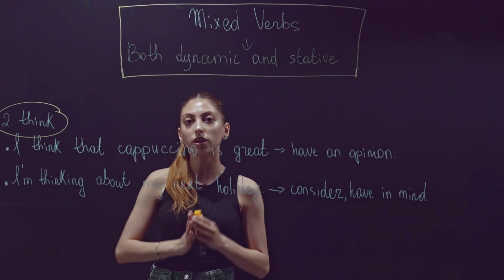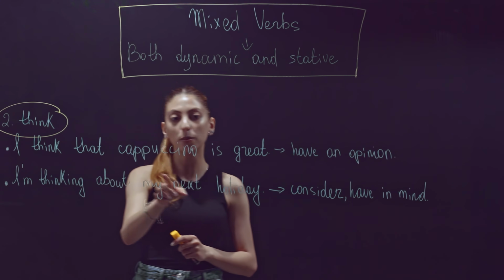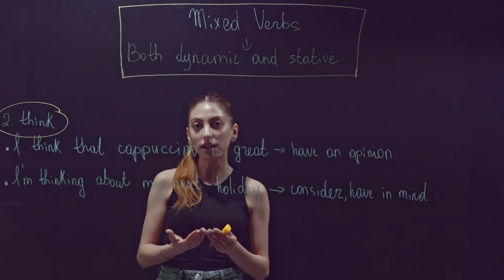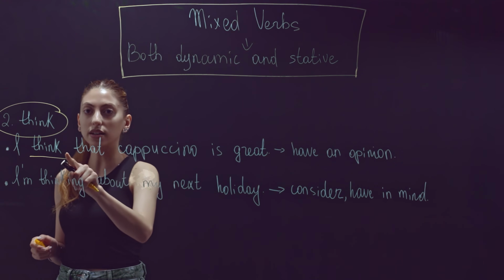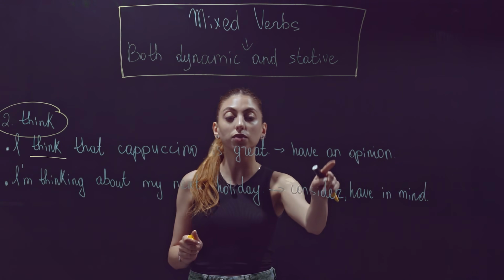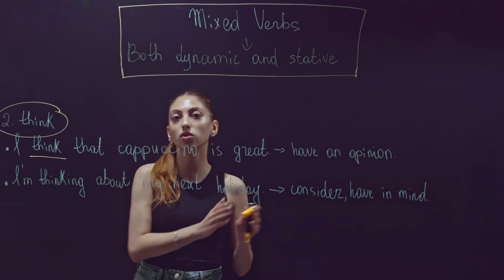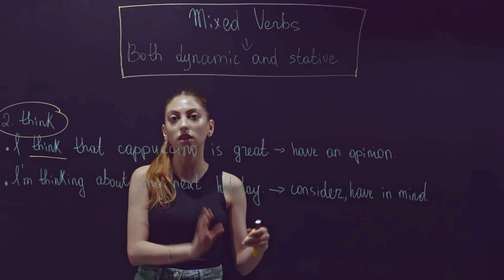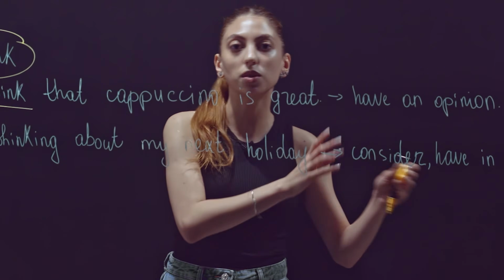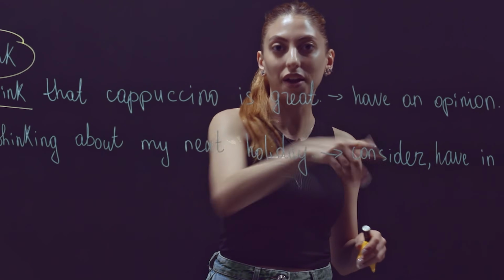Okay, when we are using think as a stative verb, for example, "I think that cappuccino is great," in that case think means have an opinion. When I say I think that she is a good girl, I think this building is perfect, I think this picture is a masterpiece, it means that I show my opinion, I have an opinion.